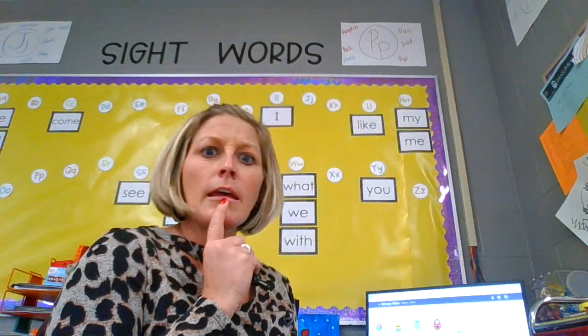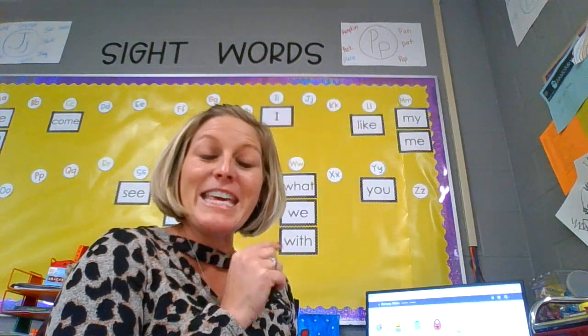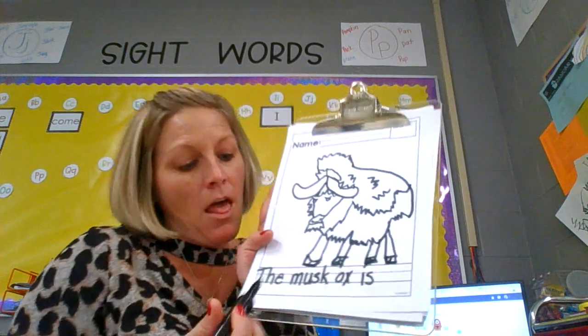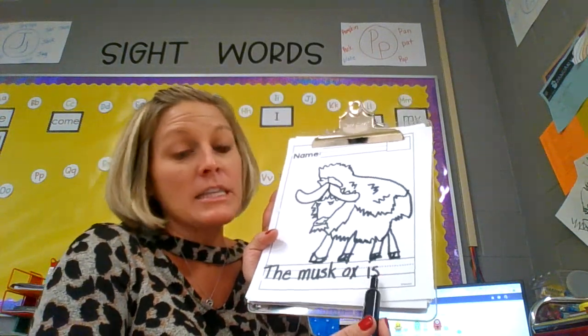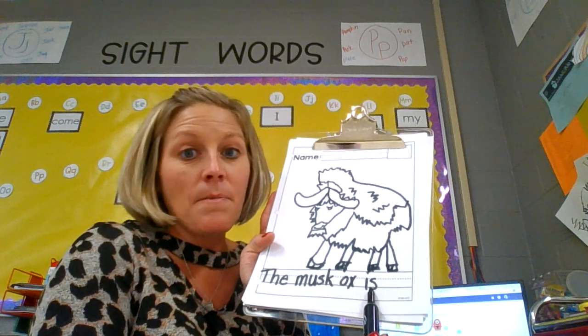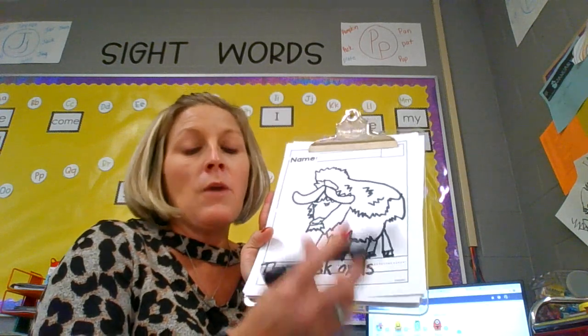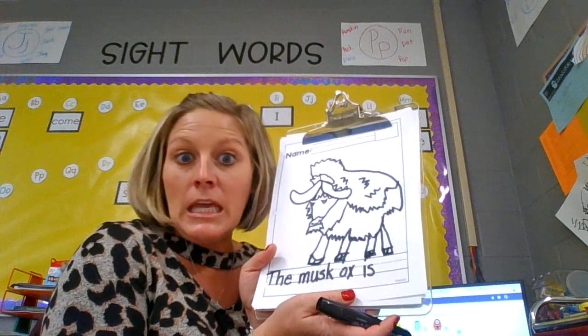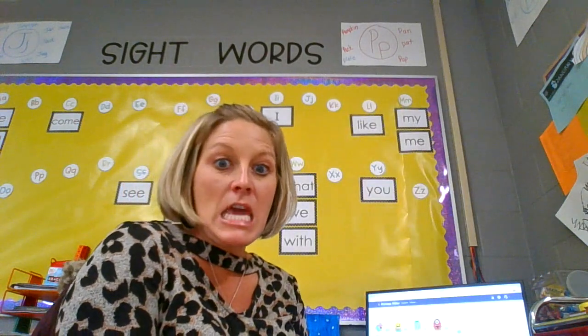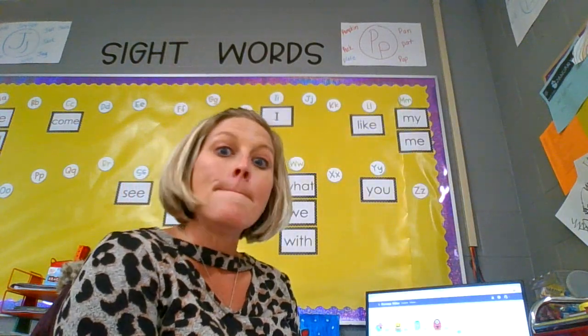Okay? The musk ox is a new sight word this week. I think it might be is. So we're going to put a space. So now we're going to write the word is. I-S. Is. The musk ox is. All right, we're going to write the word big, right? Because they're big. The musk ox is big.